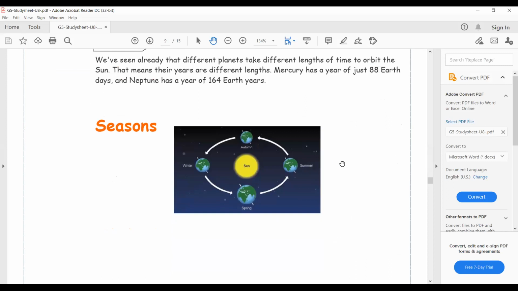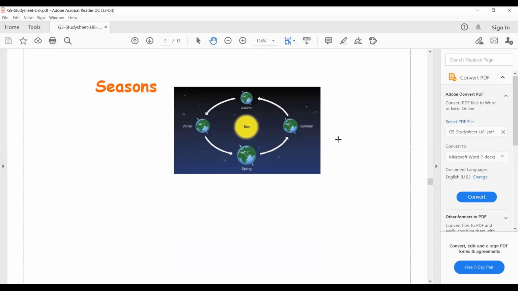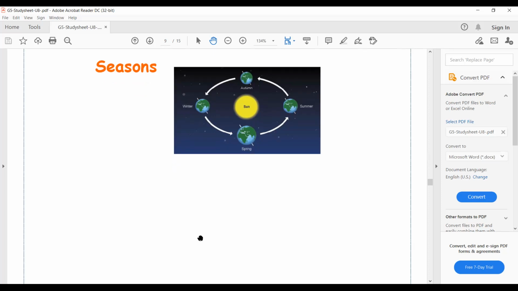Let's talk about the seasons. The rotation of the Earth around its axis causes the day and night. That happens every 1 day. The 4 seasons, which are winter, spring, summer, and autumn or fall, happen every 1 year.